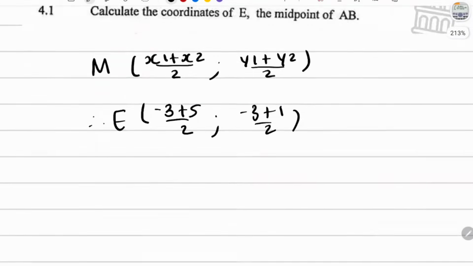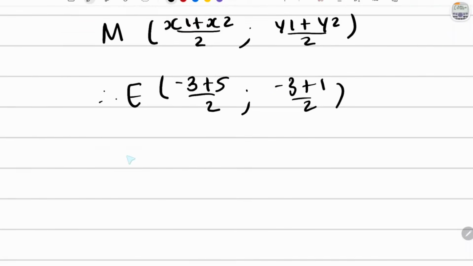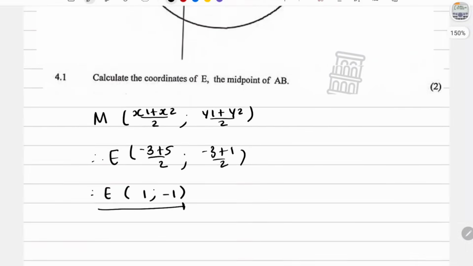Okay, simplify. So this is like saying 5 minus 3, and that is 2. So 2 over 2 gives you 1. Then that's like saying 1 minus 3, which is -2, over 2, which is -1. So there's our coordinates of E, and this is for 2 marks.